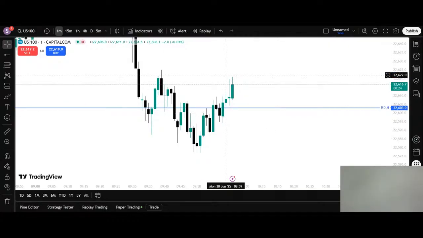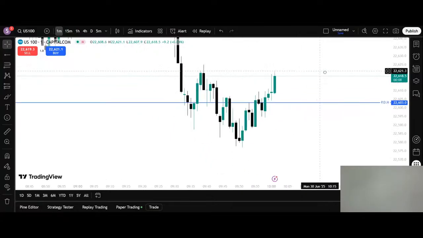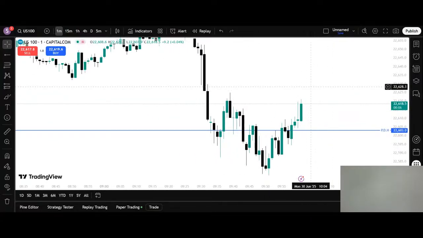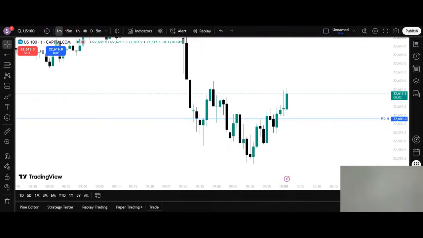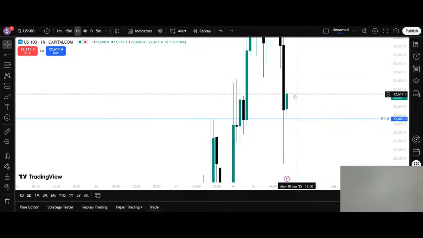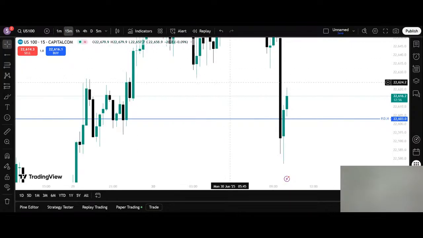Still seems to be pumping a little. I'm gonna wait and see if I find a second trade. The 1 hour and 4 hour have closed bearish. I'm still gonna be looking to sell.